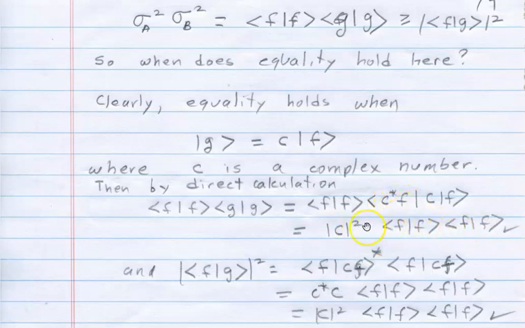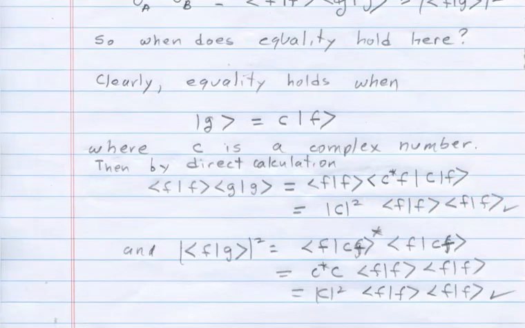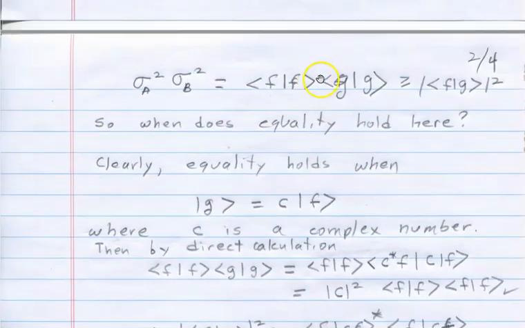You pull the C's and C stars out, and you get a C here and a C star there. The net effect is that you have F inner producted with itself, and the absolute modulus of C squared. So that's this side over here.